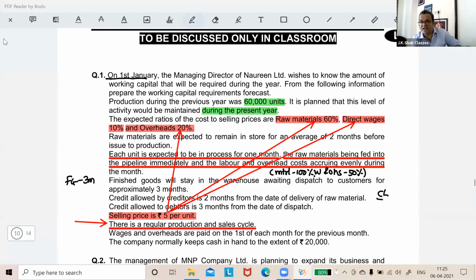So in current liability, I will have creditors 2 months, and credit allowed to debtors is 3 months. And wages and overheads are paid on the first of each month, so that we discussed after a month. So outstanding wages and overheads 1 month. Cash they want 20,000. And WIP is already there. WIP takes how much time?